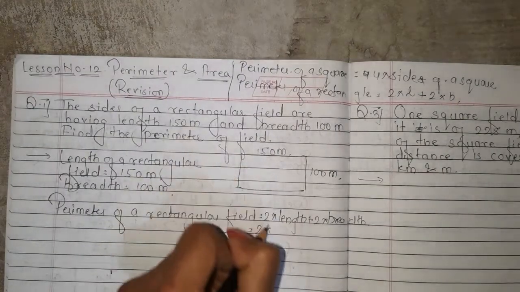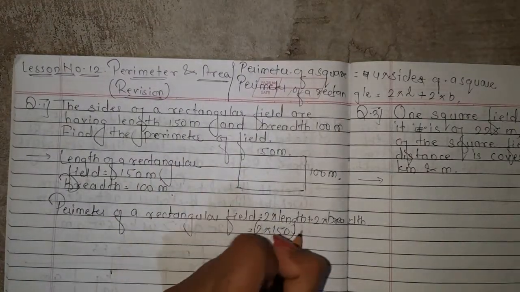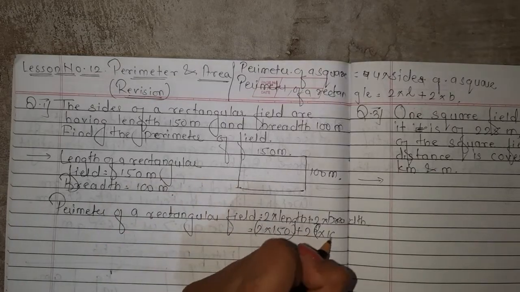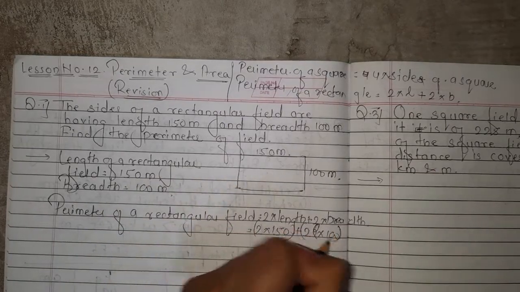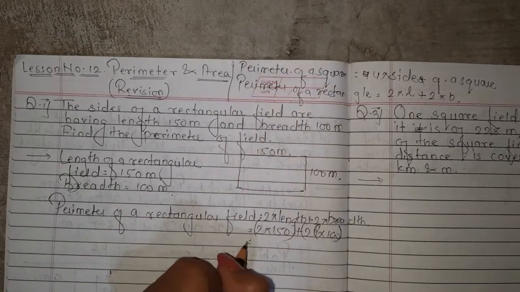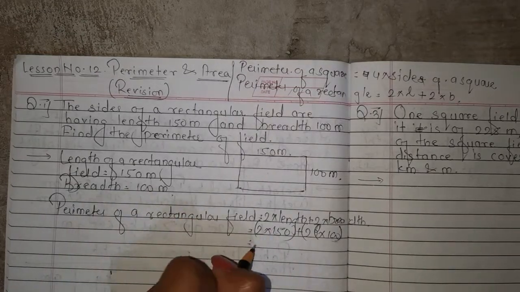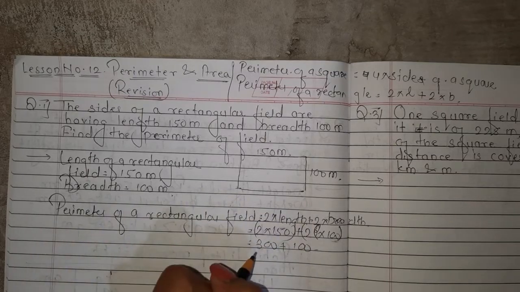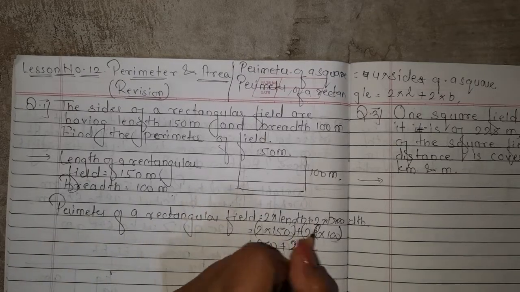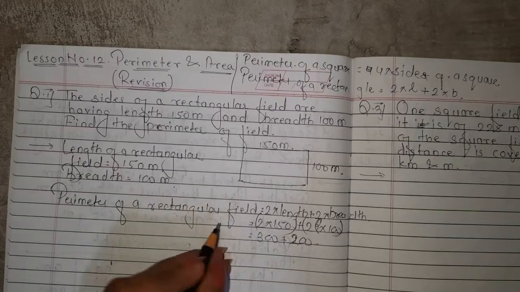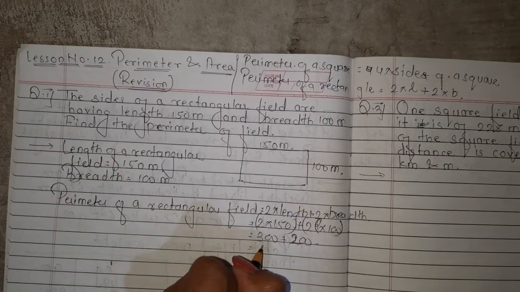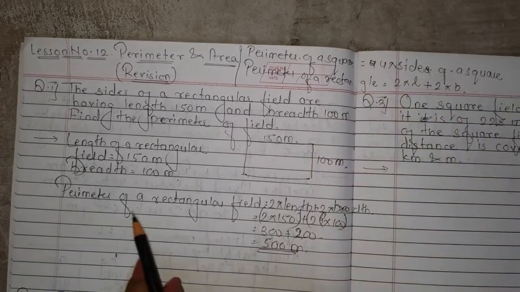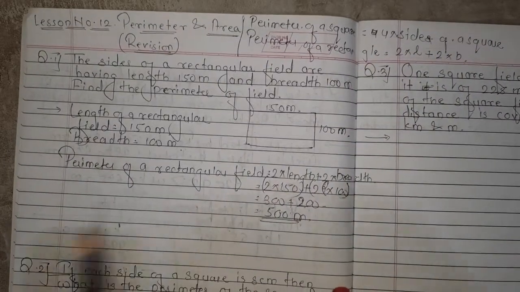2 into length 150 plus 2 into breadth 100. 2 into 150, 300, plus 2 into 100, 200. 300 plus 200, 500 meters. So here is your perimeter of the rectangular field.